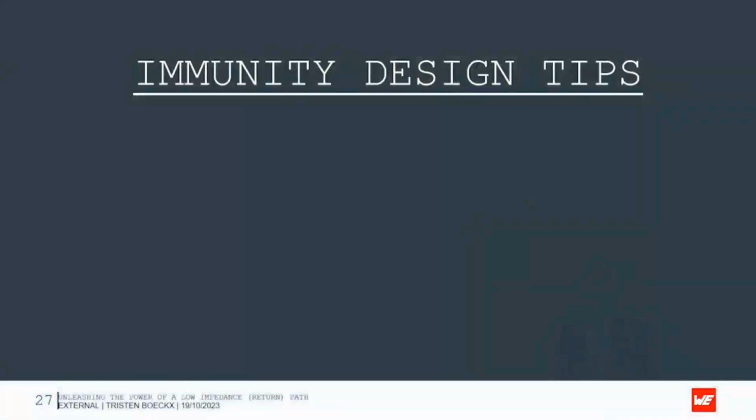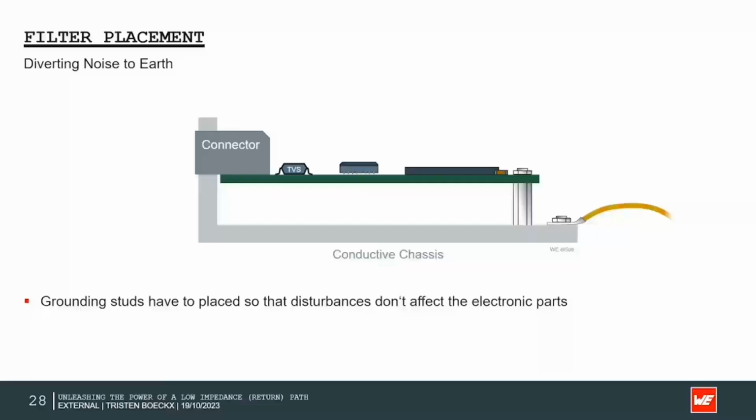When we then zoom in on immunity design tips, we can say, for example, when we have a PCB mounted on a conductive chassis and we introduce an ESD, then it's important to know how the current is flowing.